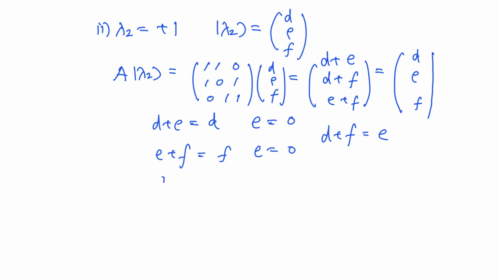So F must be minus D. So lambda 2 can be simply square root of 2, 1, 0, minus 1, right?